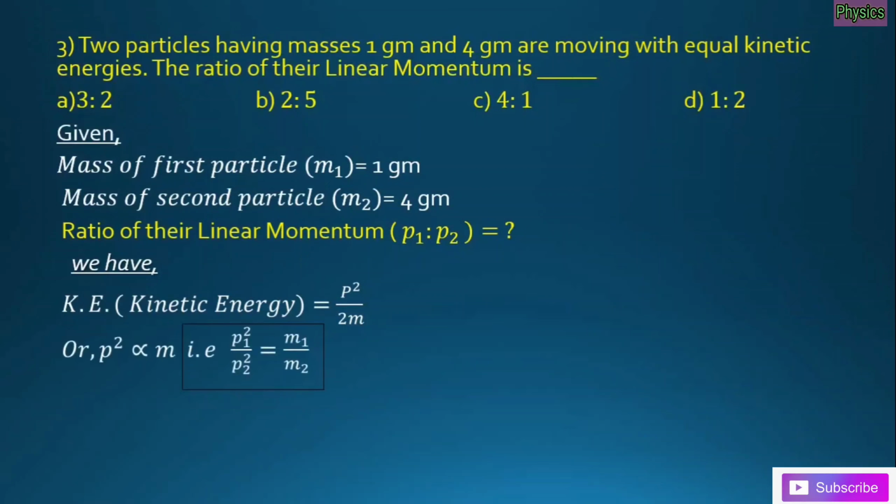Then you can simplify, that is p squared is directly proportional to m, or p1 squared by p2 squared equals m1 by m2. Therefore p1 by p2 equals root under m1 by m2, that is root under 1 by 4, which means 1 is to 2.